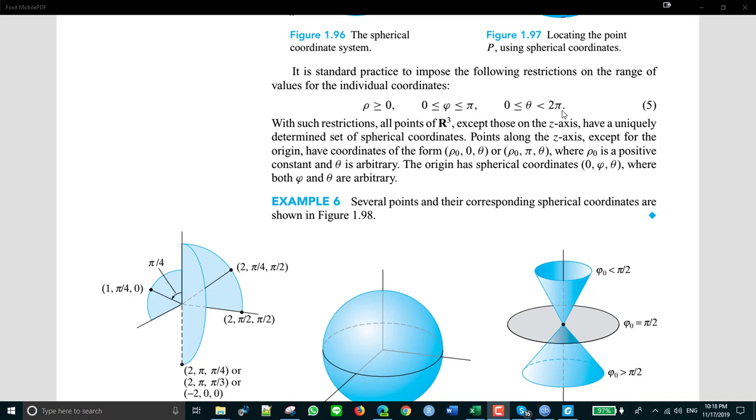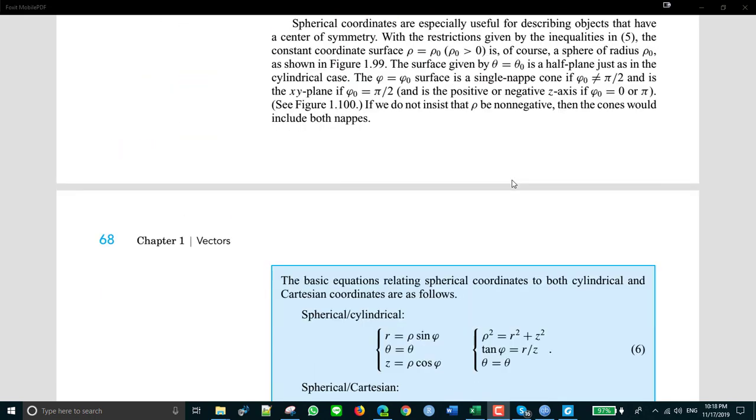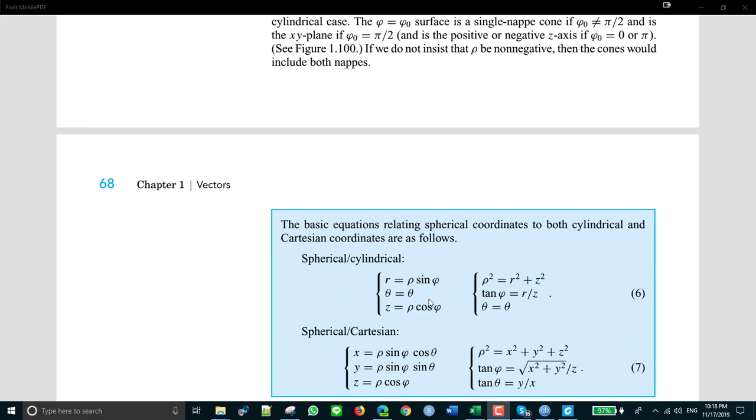You can figure out why we need to do that. Then we have to figure out the relationship between all these and x, y, and z. That takes a little bit of geometry.